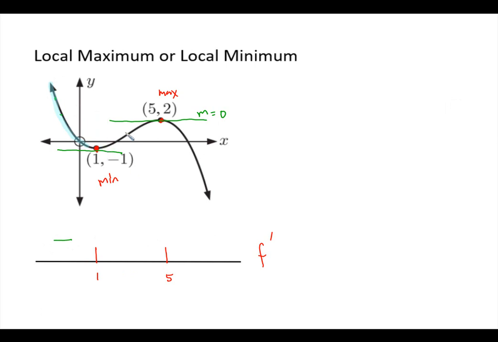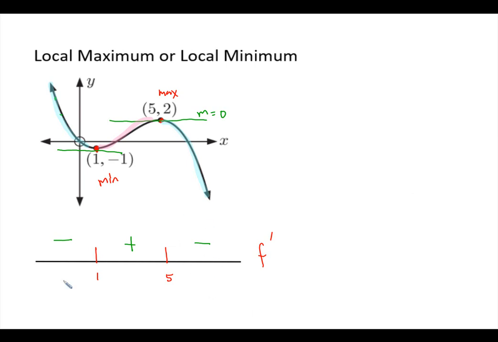Between 1 and 5, the function is increasing, so the sign diagram is positive. And to the right of 5, the graph is decreasing again, so the sign diagram is negative.